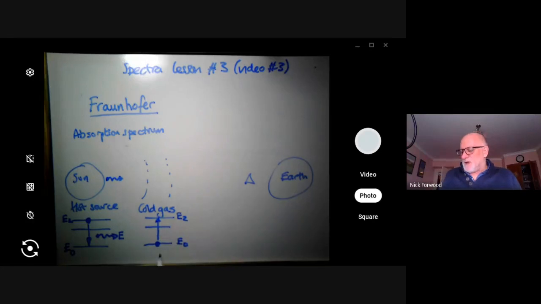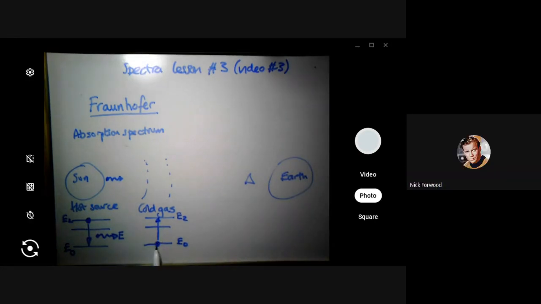And this is where the energy is absorbed. So what happens to this photon? It comes along here and it gives the electron in the low level enough energy to go up. And the energy is absorbed by the electron. So that photon of light is stopped here and does not travel on to Earth.